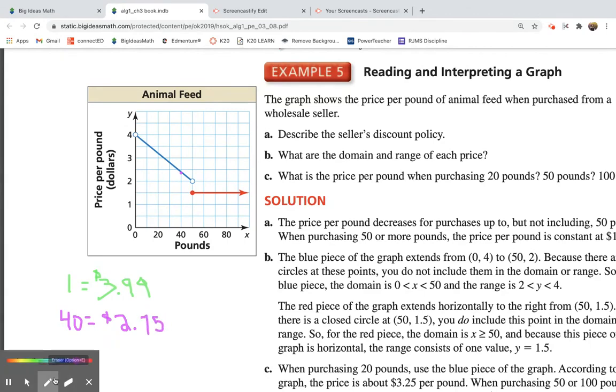And then the last one, it said 83 pounds. Well, we should know that anything above 50 pounds is all a set price. So wherever 83 pounds is, we know it's going to be $1.50. That's the only one that you had to have exact based on that graph. All right, and that is our lesson for today.